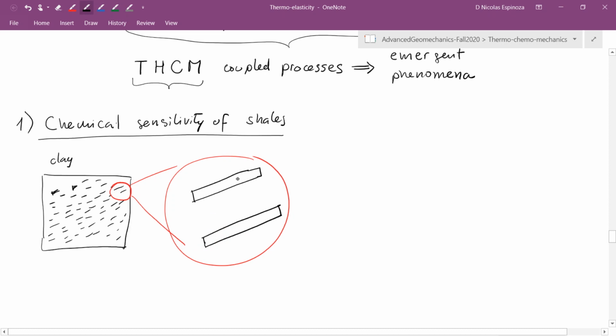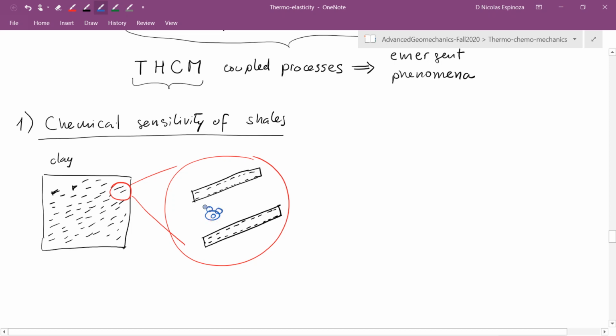And not only do they have this shape, but they are usually negatively charged because of the oxygen atoms on the surface of the clay. The fact that they are negatively charged is responsible for the water molecules orienting with the hydrogen atoms toward the surface.